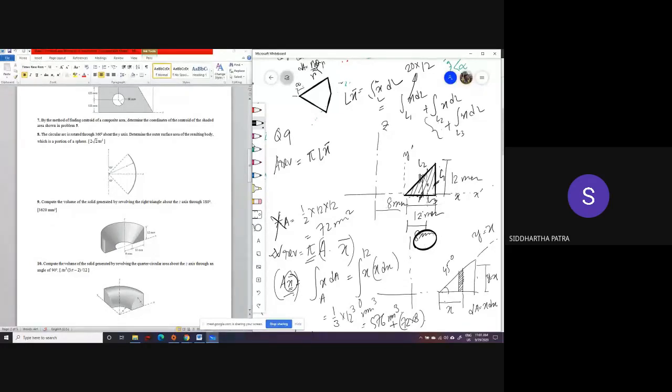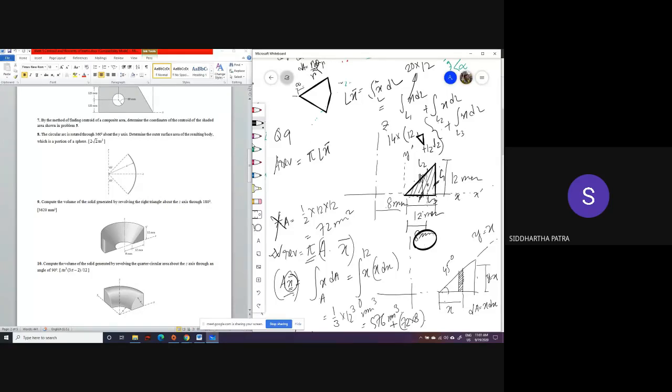These two combined, it is going to be 14 times the length. Now this length is 12, and the hypotenuse is 12 root 2.